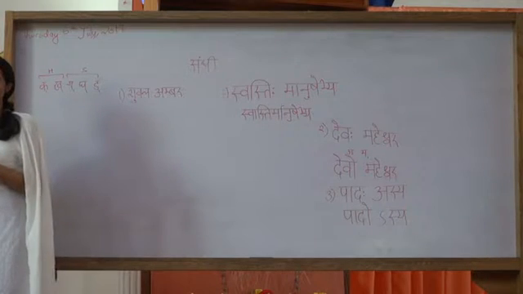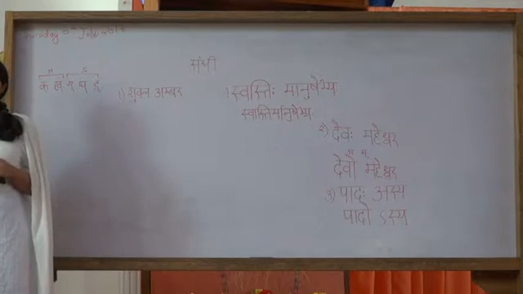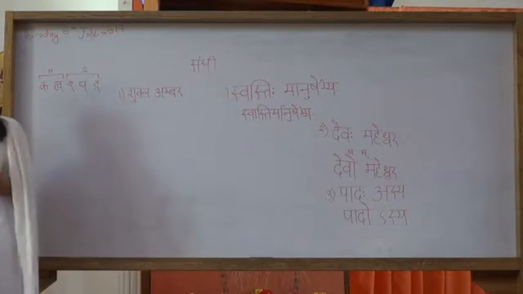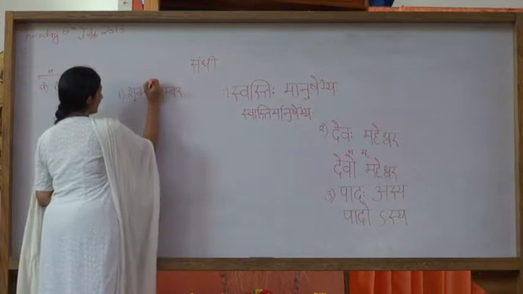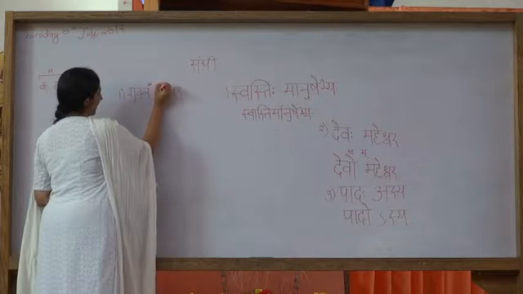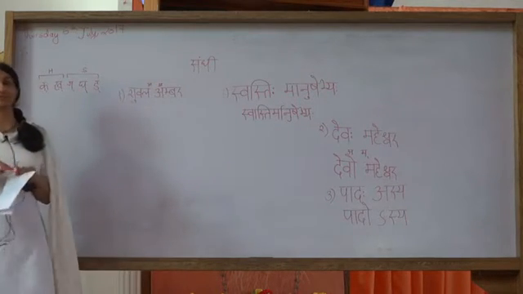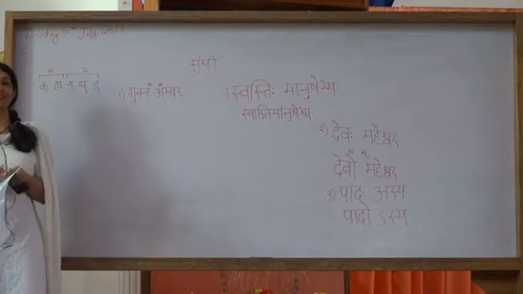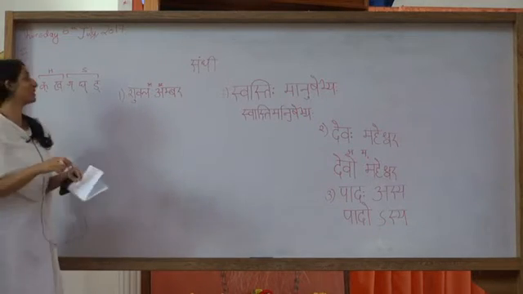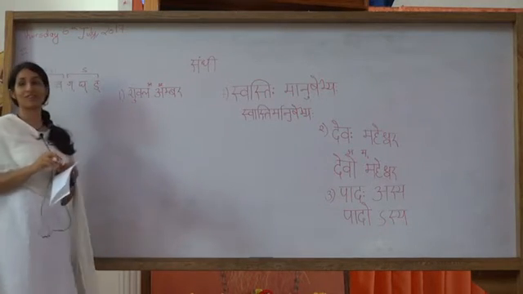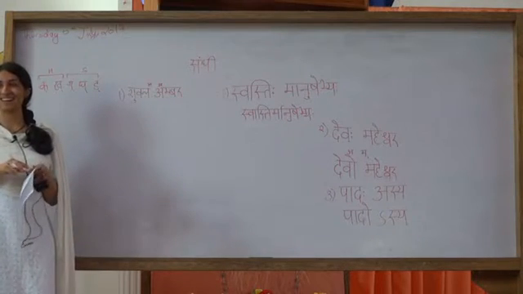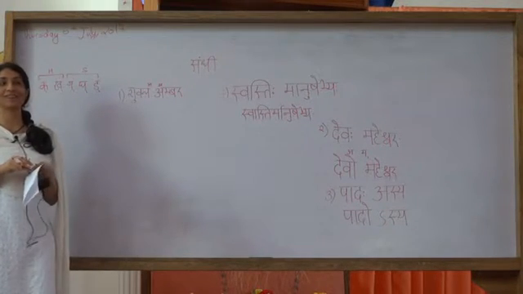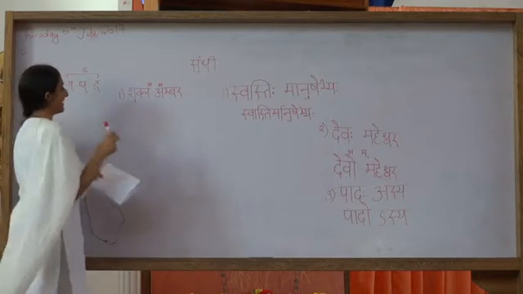Shukla Ambara. White clothes. Okay? This is a meeting a. And so now the vowel sandhi rule of a meeting a is it becomes a. So this will become Shuklambhara. From Shuklambharadaram Vishnum. Okay?